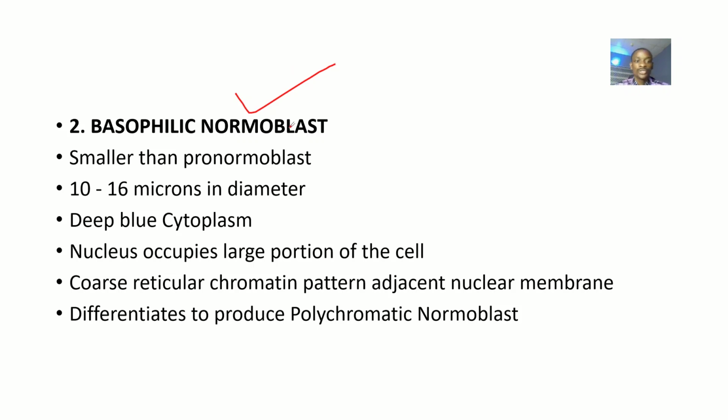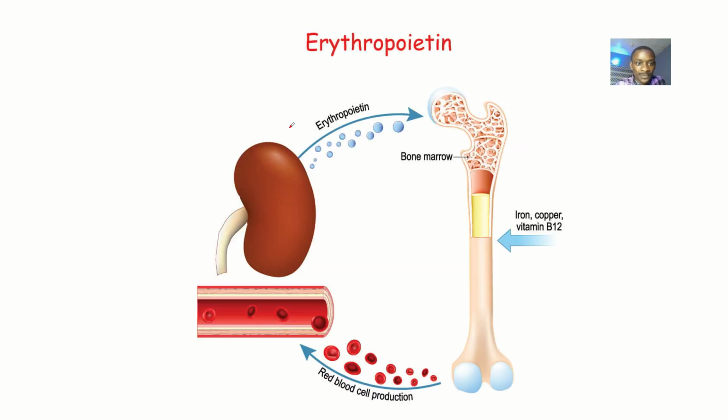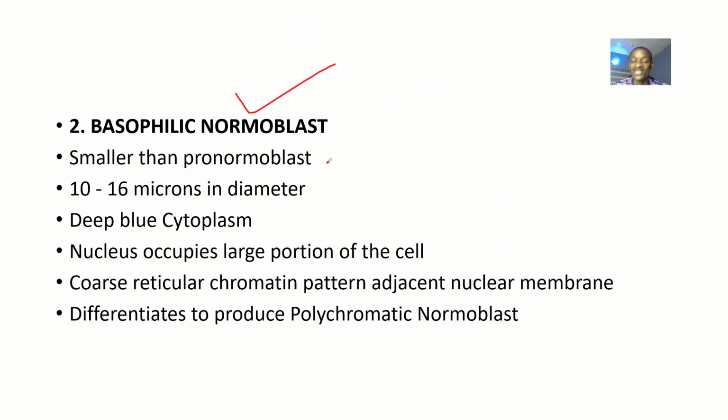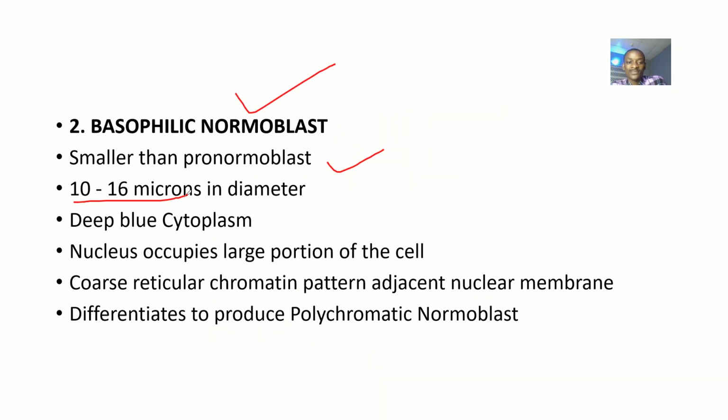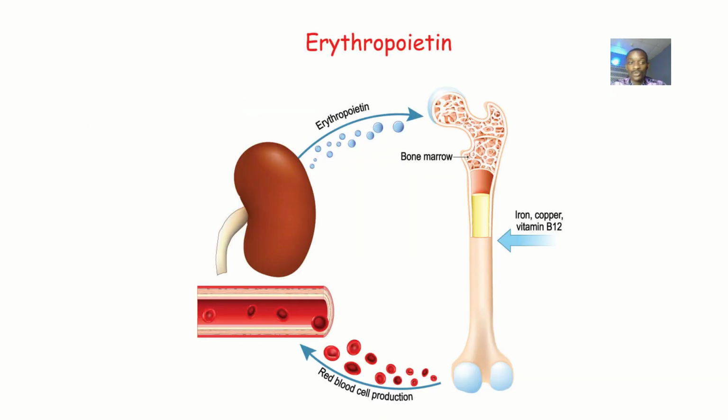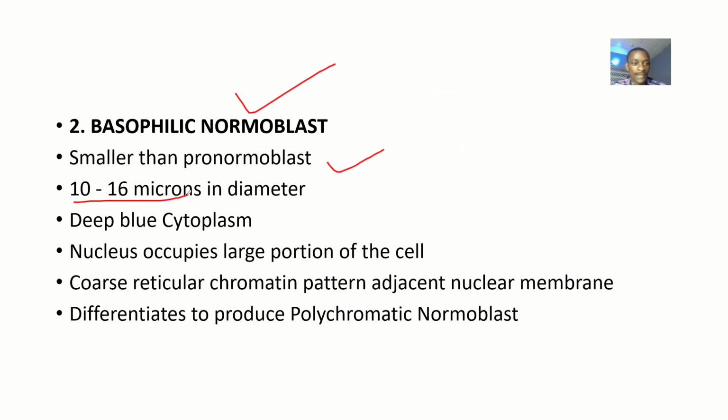The characteristics of the basophilic normoblast: these are smaller than the pronormoblast. They decrease to about 10 to 16 microns in diameter, sorry. The pronormoblast was 12 to 20. You have a deep blue cytoplasm. The nucleus occupies large portions of the cell, but it is now reducing in size compared to the pronormoblast.